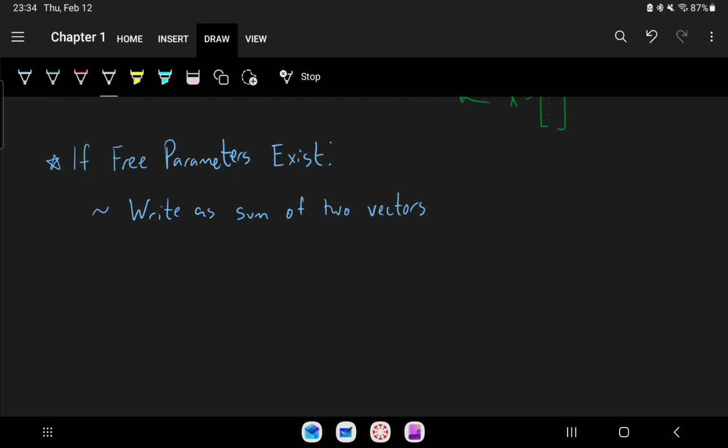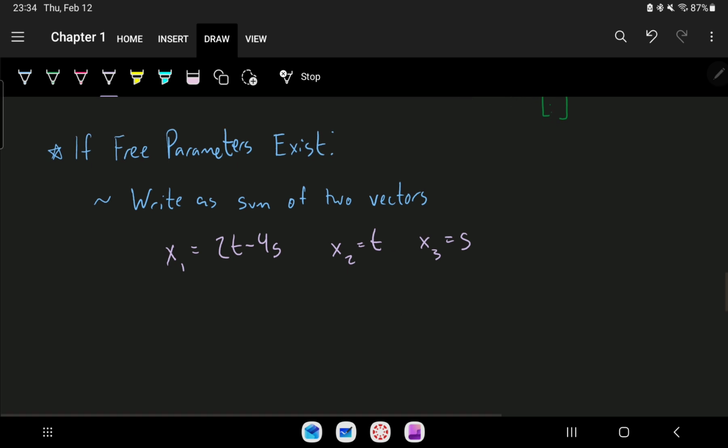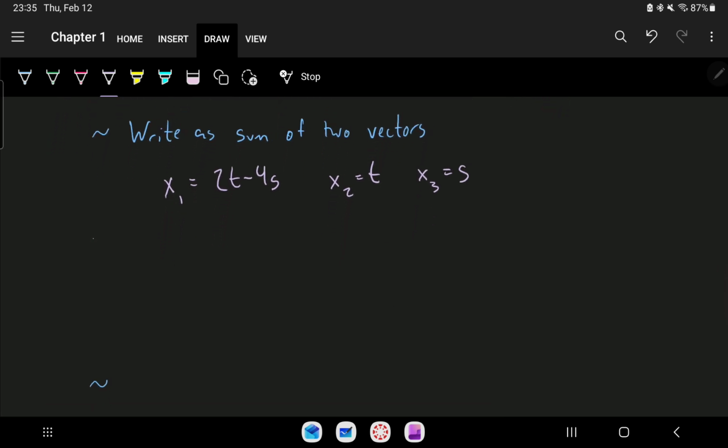So say, just for example's sake, that we have x1 equals 2t minus 4s, because x2 equals t and x3 equals s. This is an example of once we've already solved this, we managed to get two different variables in place.